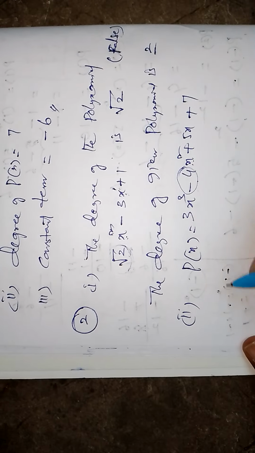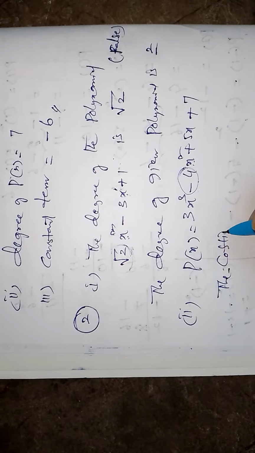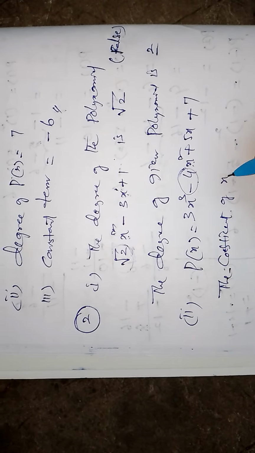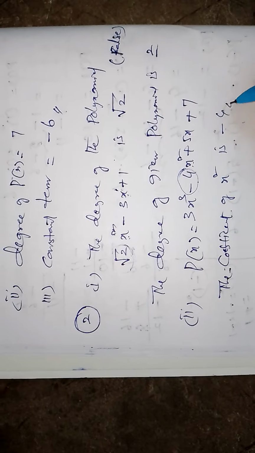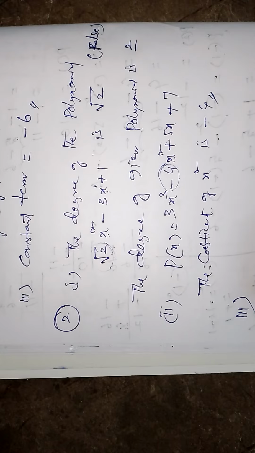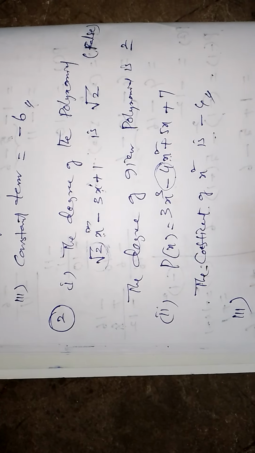Actually the reason is: the coefficient of x square is minus 4, not 2, right? That is the correct statement. Next, the third one is: the degree of constant term is 0. The third one, the degree of constant term is 0, is a false statement.